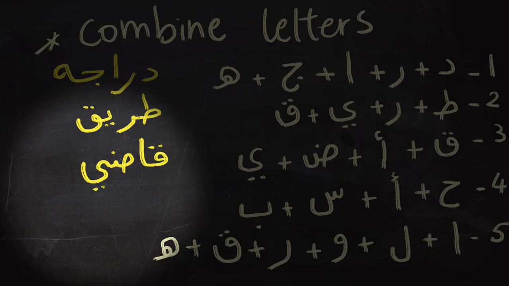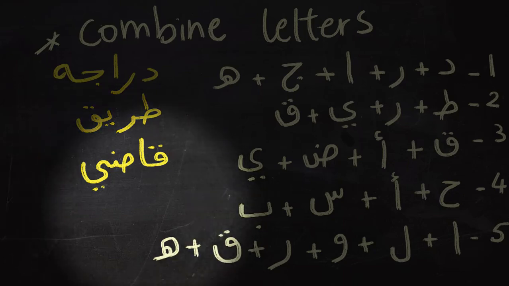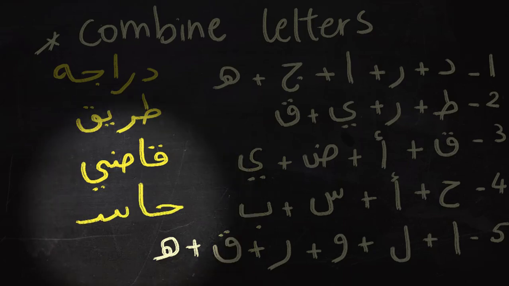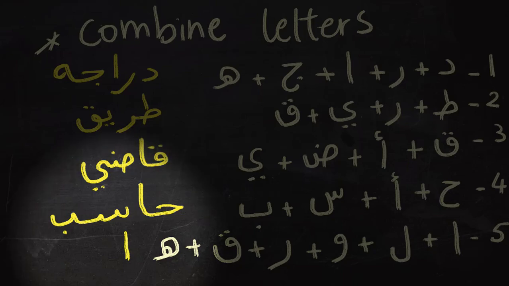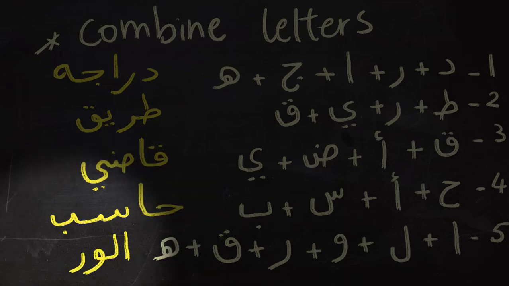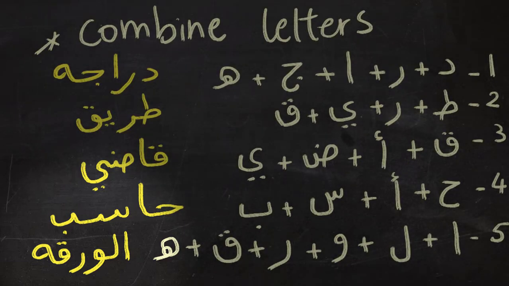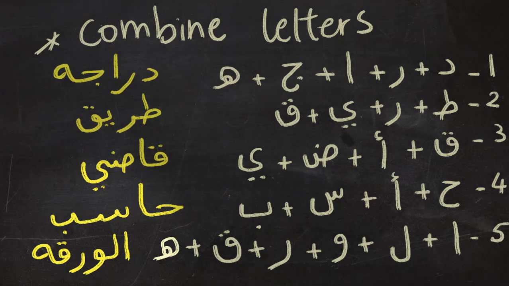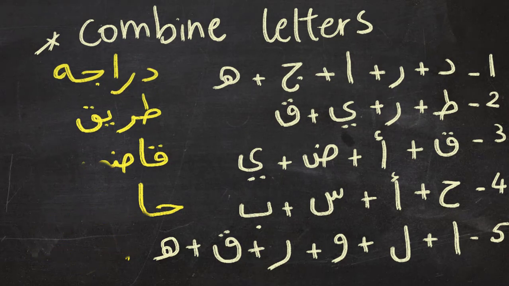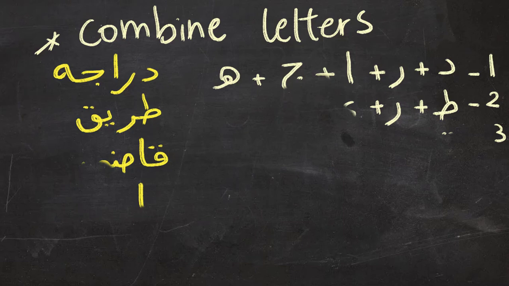The following word is Hasib. And Hasib means computer. The last word, the longest, is Al-Waraqa. Al-Waraqa means the paper. So these are the 5 words, and this is going to be the last exercise of this challenge.